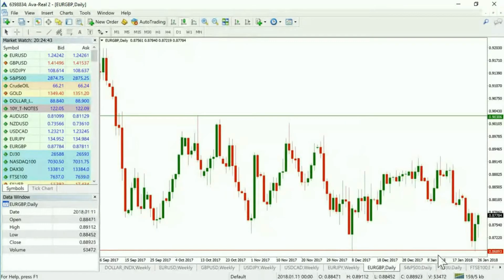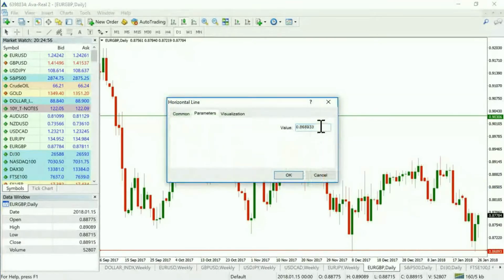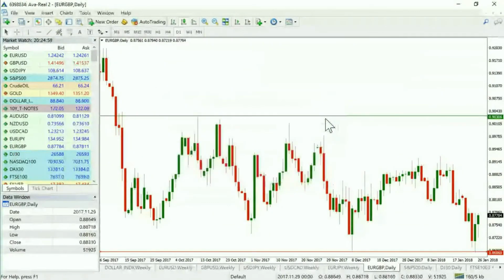So we're just going to continue to work with these levels. In fact, just to be super accurate, I would like to work with the actual low, which is 86.86, so it's 2 pips below the current level. There we go.